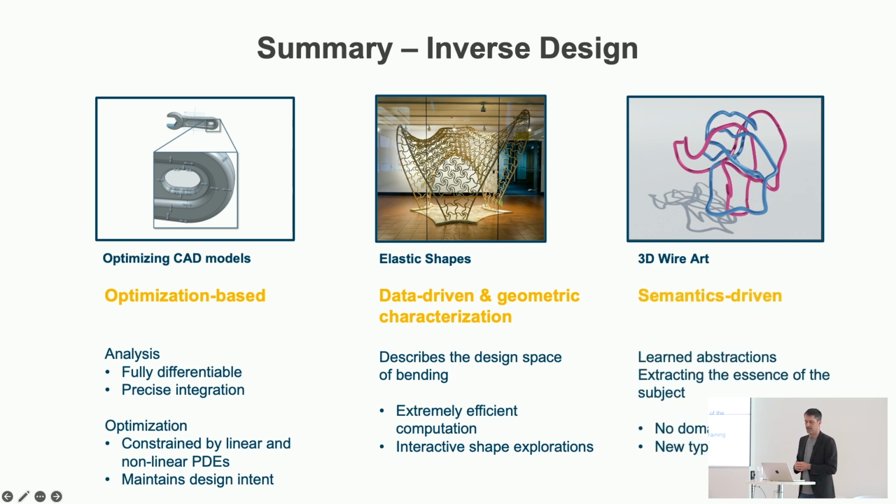And then finally, a semantics-driven approach, based on a very general text-image model that was able to drive a quite specialized application, this generation of 3D wire art. The very amazing thing here is that this CLIP model, with its 400 million images, probably has not seen many examples of wire sculpture and text.